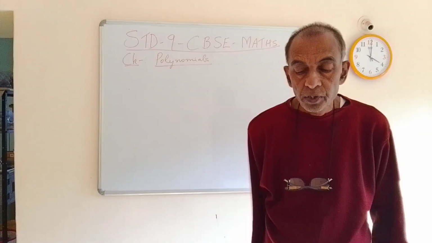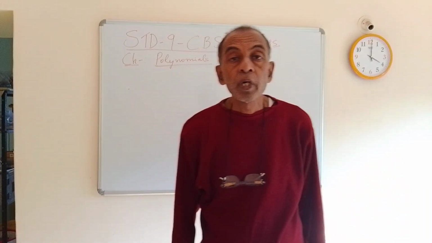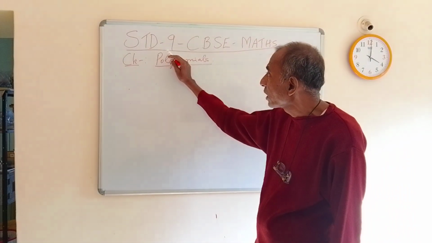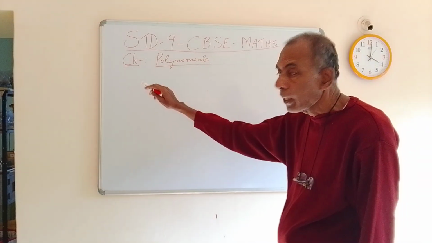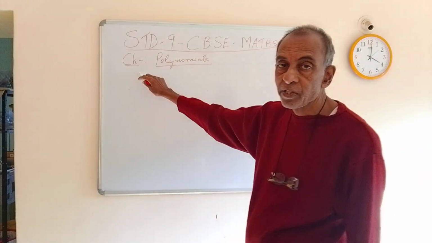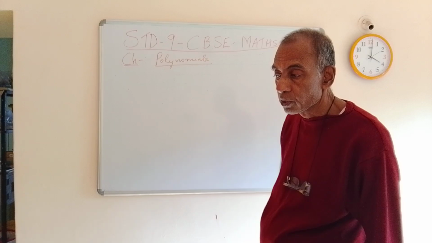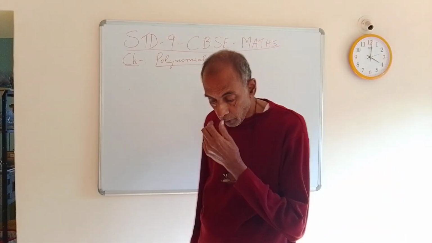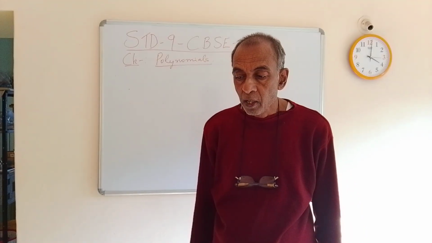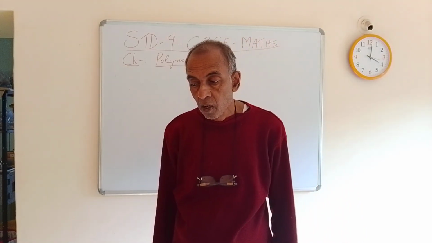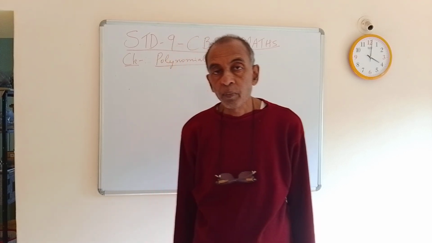Hi students, today we are doing standard 9 CBSE maths and the chapter is the second chapter, which is polynomials. In my previous video I explained the 2-3 identities which will be used under this chapter for polynomials.